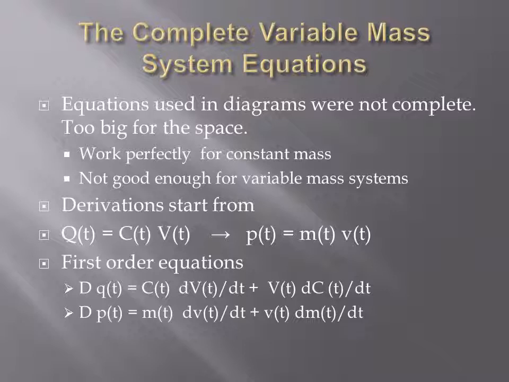And also in the mechanical domain, the derivative of momentum equals M of t times the derivative of velocity with respect to time, plus V of t times the derivative of mass with respect to time. Once again, we have two terms, and the one-to-one correspondence in these two equations and in these two energy domains continues to hold.